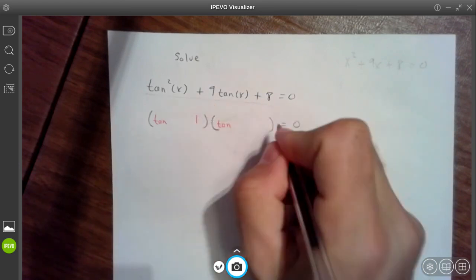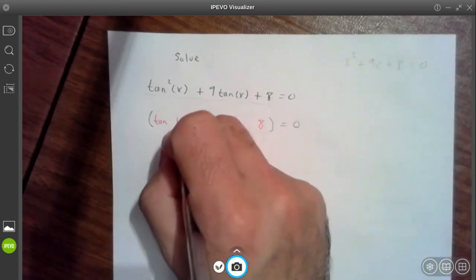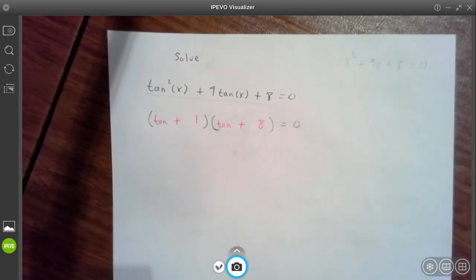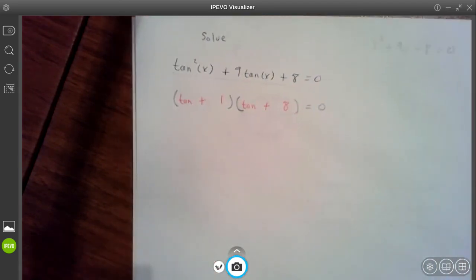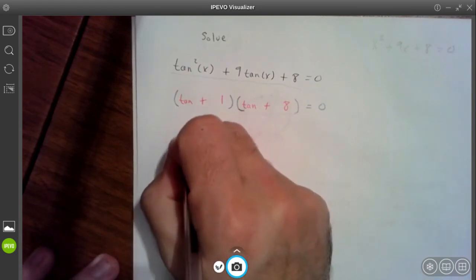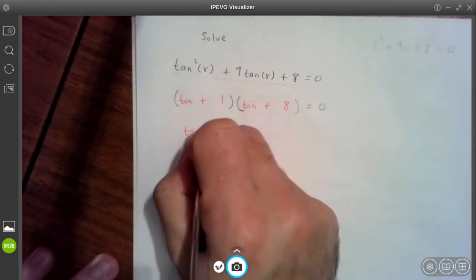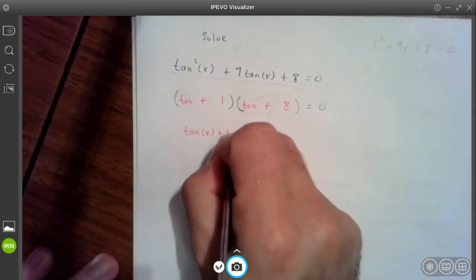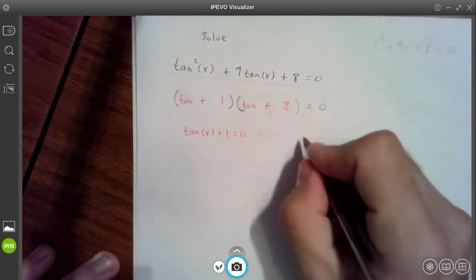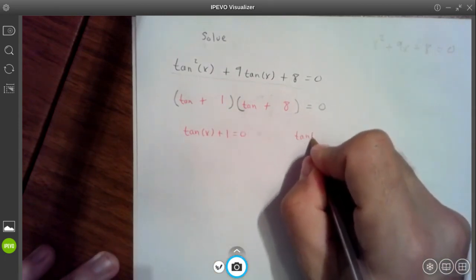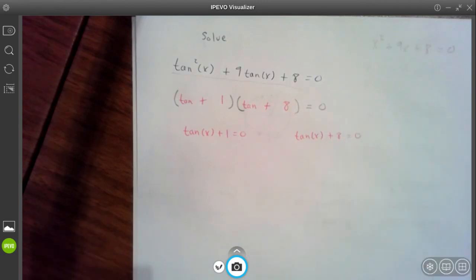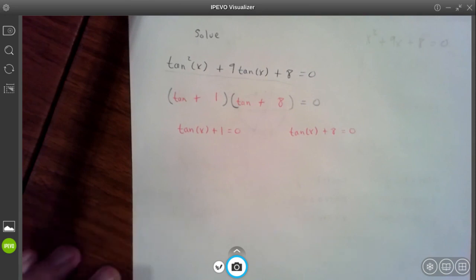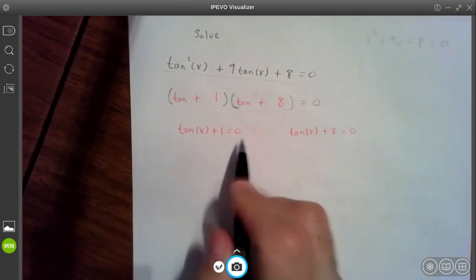So it's got to be a 1 and an 8, and they're both plus signs. Once you have it in factored form, you're going to set each of those factors equal to 0. So tangent of x plus 1 equals 0. That's your first case. And tangent of x plus 8 equals 0 is your second case.